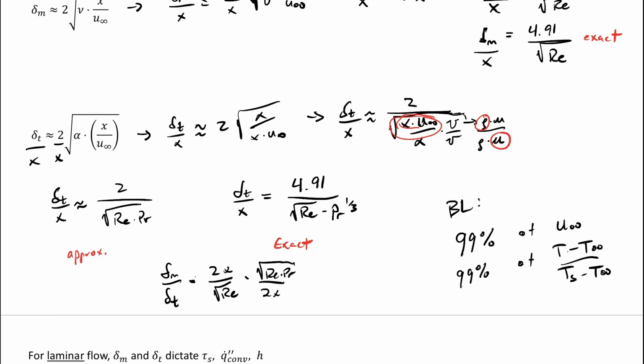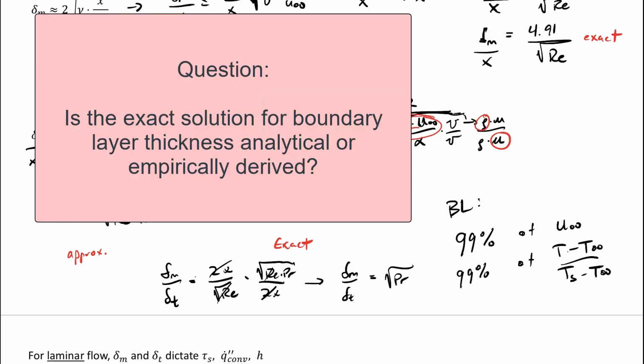This is again our approximate. If we cancel things out, 2x goes away, square root of Reynolds goes away, and we end up with the ratio delta M over delta T equal to the square root of the Prandtl number. So if you want to compare the boundary layer thicknesses, you take the square root of the Prandtl number, and that gives you that ratio. It's kind of interesting.